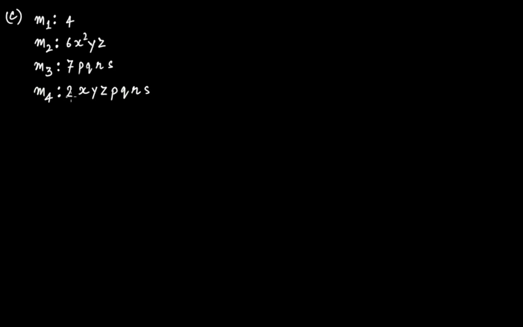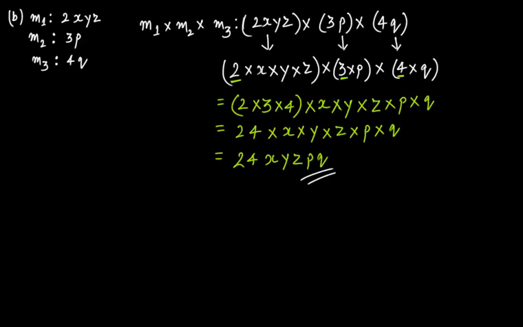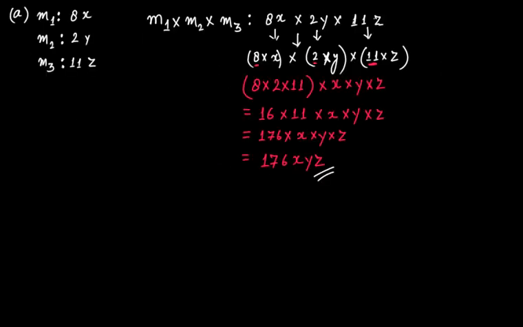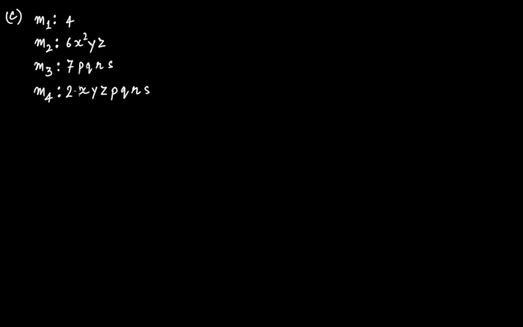Now here we have four monomials. Until now we have seen the multiplication of three monomials. Now we have four monomials, so we have to multiply m1, m2, m3 and m4, right?